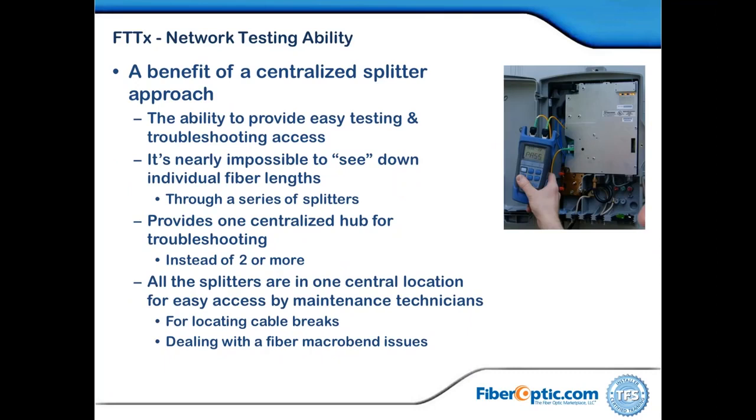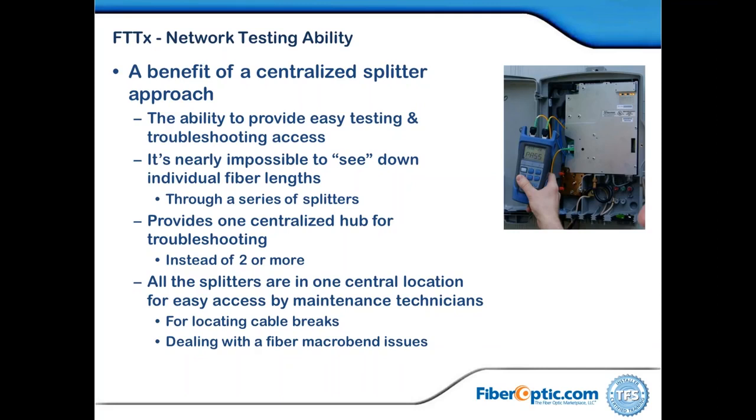But the ability to easily test and troubleshoot, because it's almost impossible to see down individual fiber lengths through a series of splitters. So one centralized hub for troubleshooting ends up instead of two or more. That I can shoot out to where the splitters are from the central office and then go to the other side of the splitters and split to your homes.